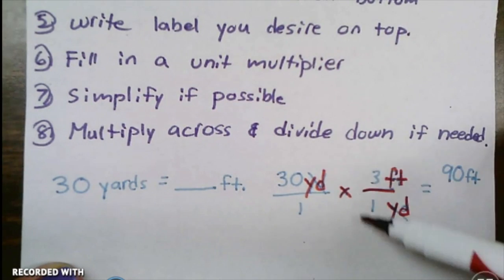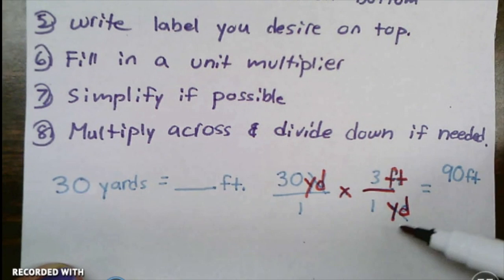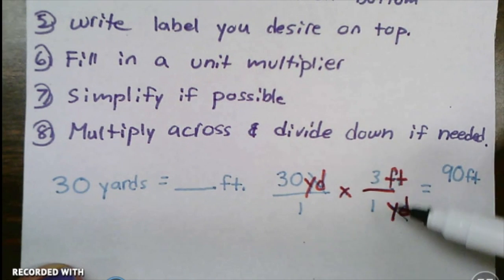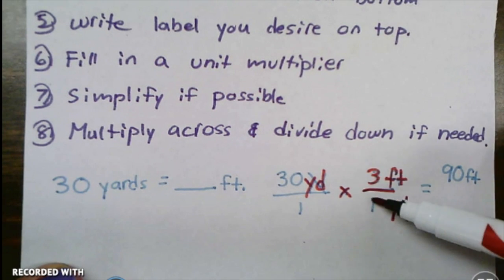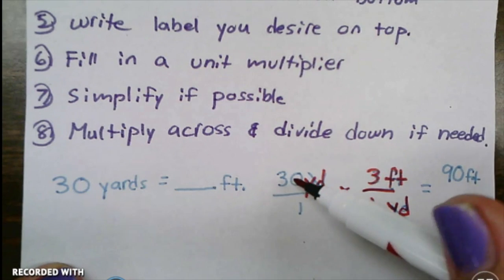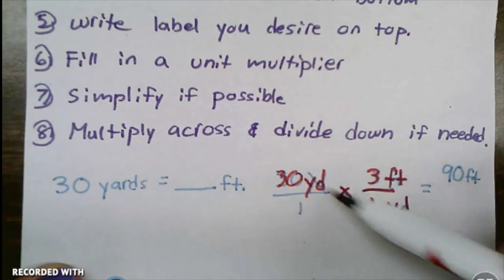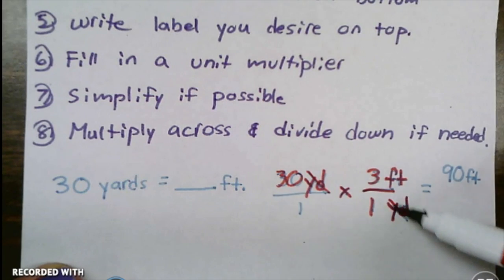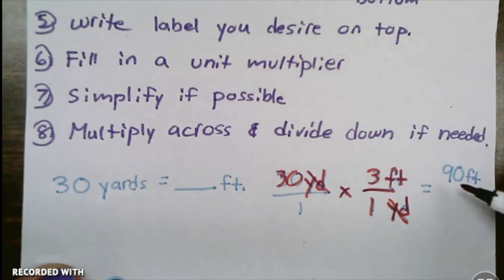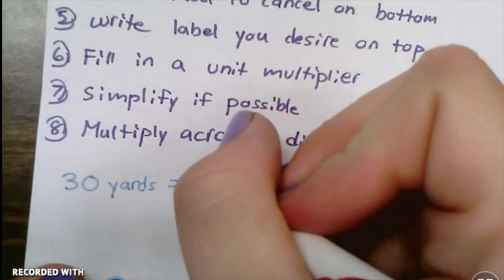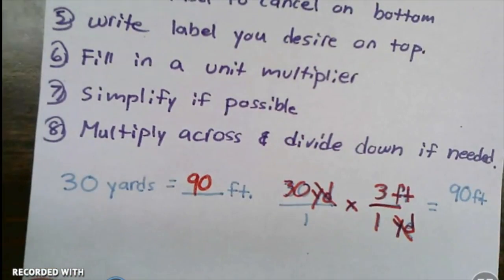Then I'm going to write in a conversion factor or a unit multiplier that connects these two labels. So how many feet are in a yard? 3 feet are in 1 yard. Then I multiply across. Well, first I look to see if anything crosses, then only my yards will cross. Then I have 30 times 3 is 90. They're going to be over 1, which means nothing. So my answer is 30 yards equals 90 feet.